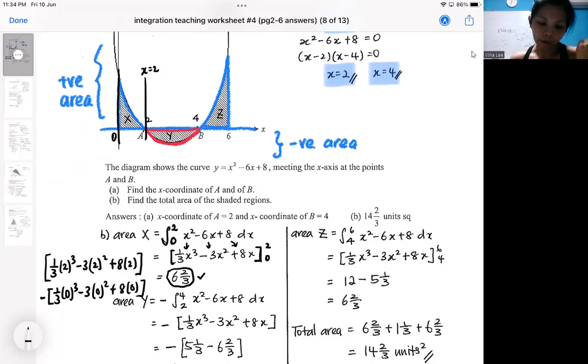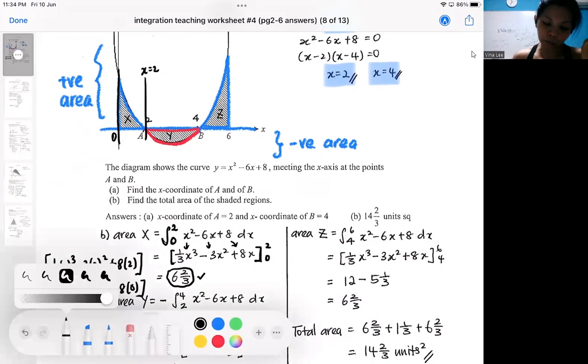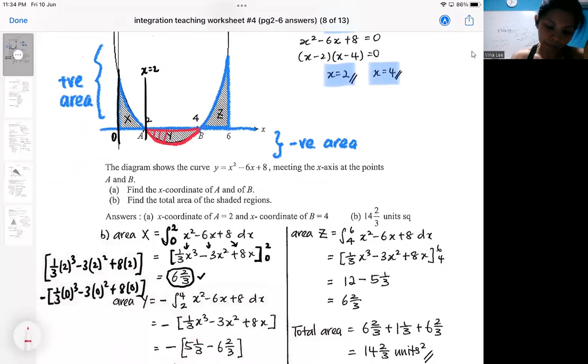Now for Y, I'm expecting it to be negative. So if I have a vertical wall here, I'm expecting it to be negative. That's why I put a negative outside.